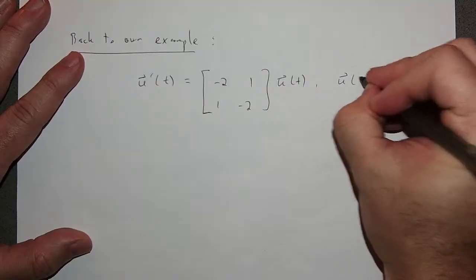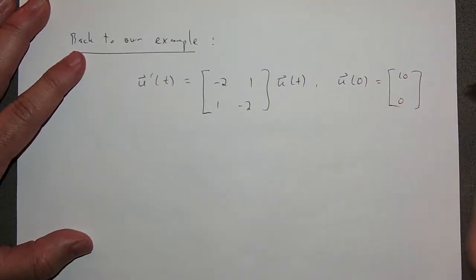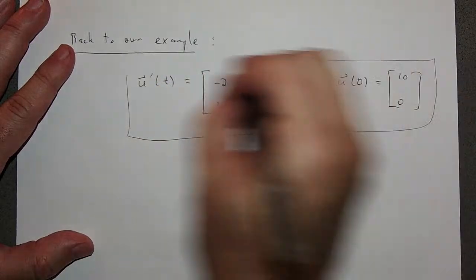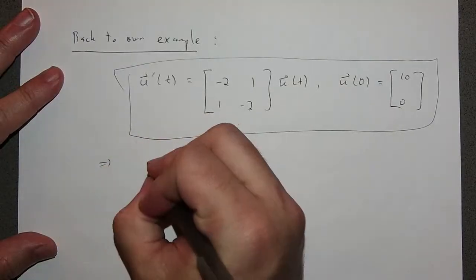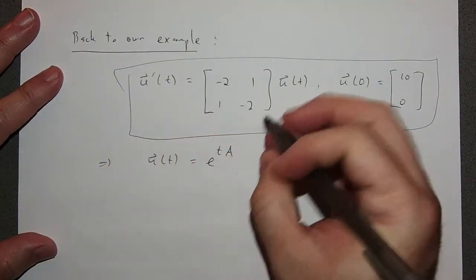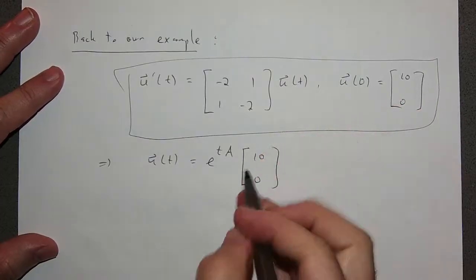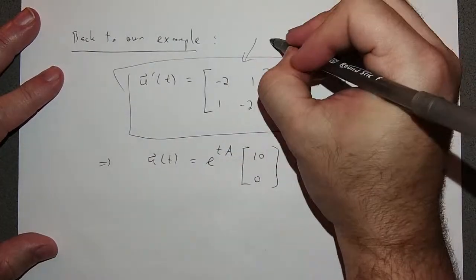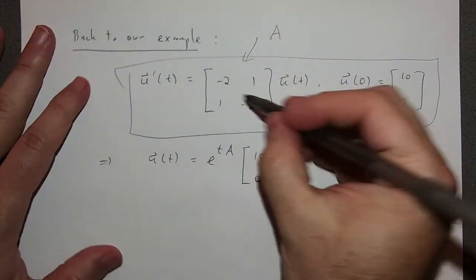This wasn't present in the problem, we just picked this to be our initial temperature distribution. Accordingly, the solution u of t is given by e to the tA times this vector 10, 0, where A is this matrix.